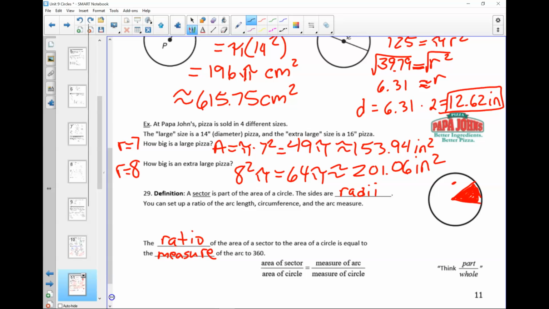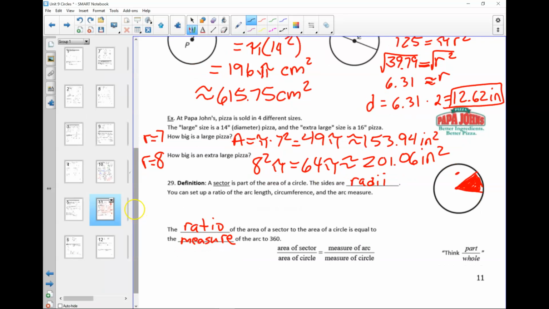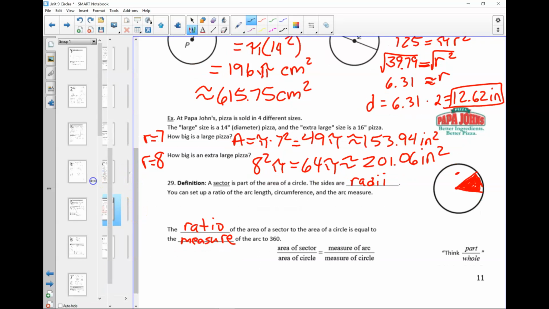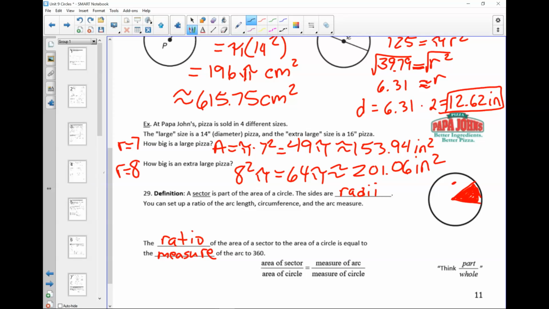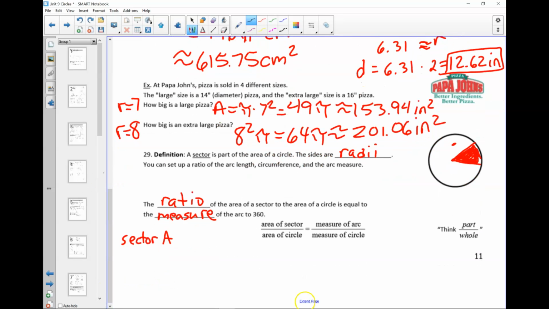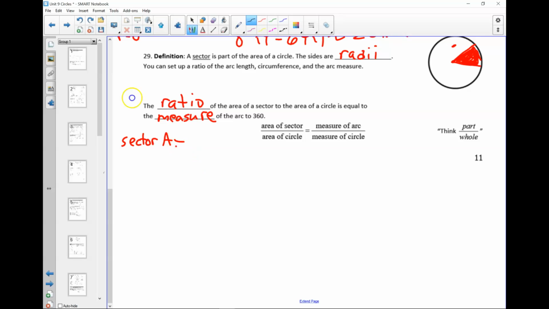Okay, so this is a fancy way of saying our formula for this. We're just going to keep it simple. If we're talking about a sector area, we're going to go n over 360 times pi r squared.